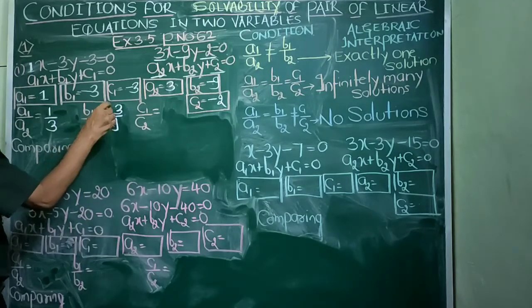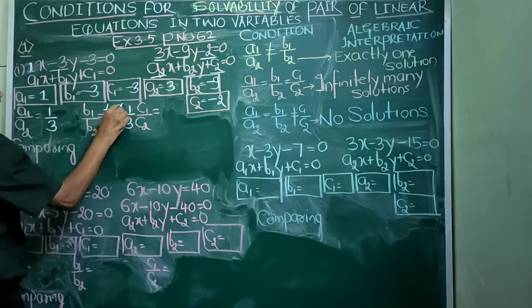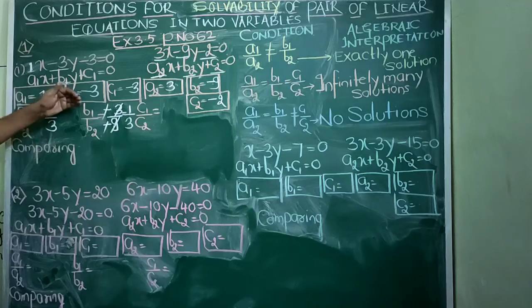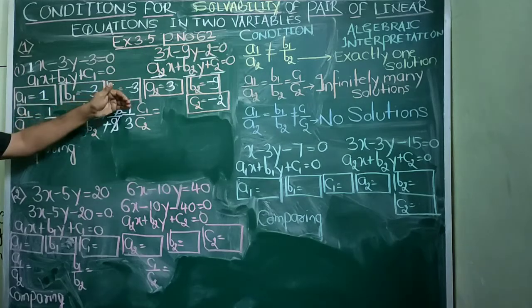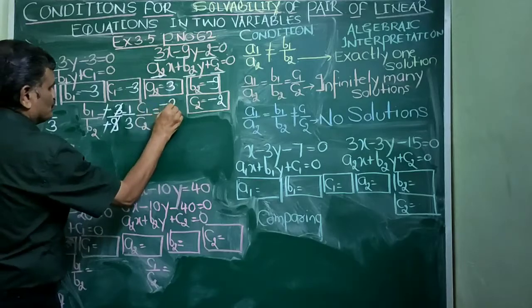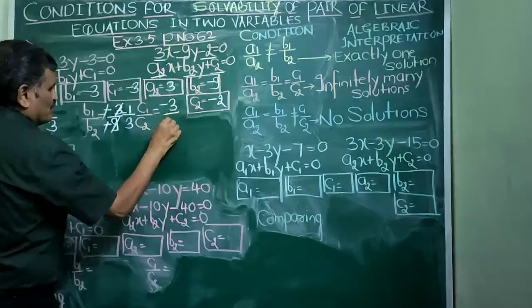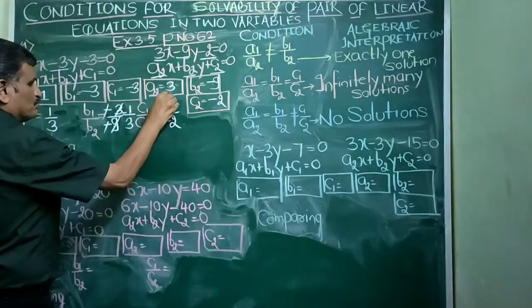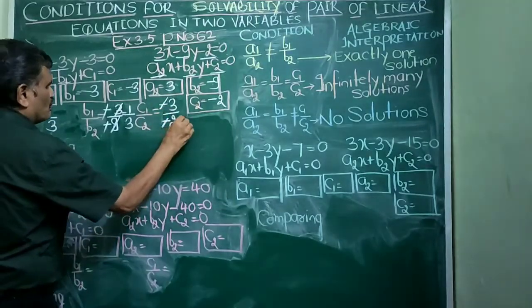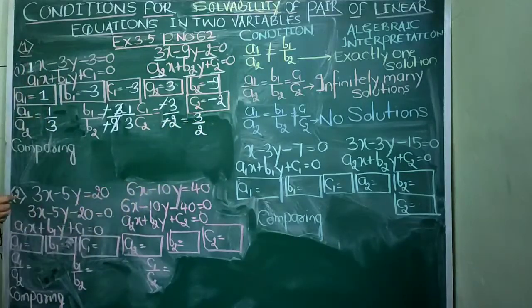Minus cancels with minus, 3 ones are 3 and 3 threes are 9, so the ratio of B1 and B2 is 1 by 3. Now the ratio of C1 and C2: C1 is -3, C2 is -2. Minus cancels, so the ratio of C1 and C2 is 3 by 2.